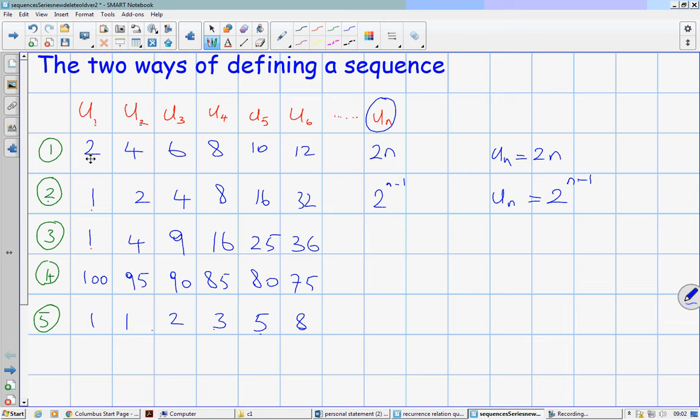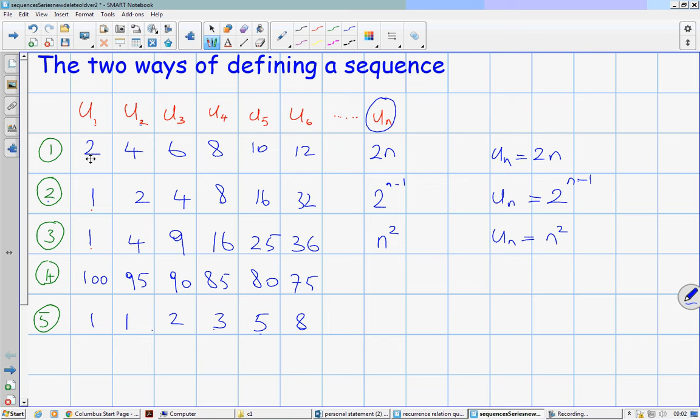Now this one here is square numbers, so hopefully we can easily see what the nth term is there. Straightforward. n squared. So Un equals n squared.